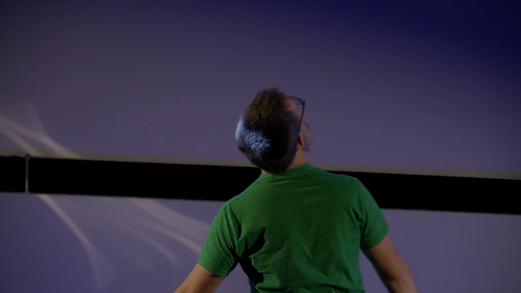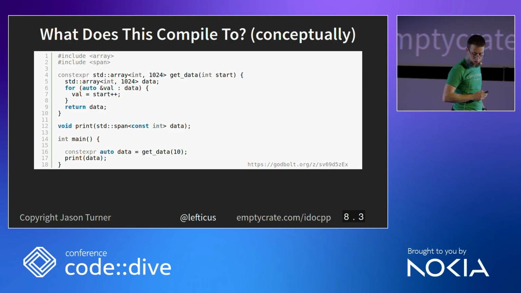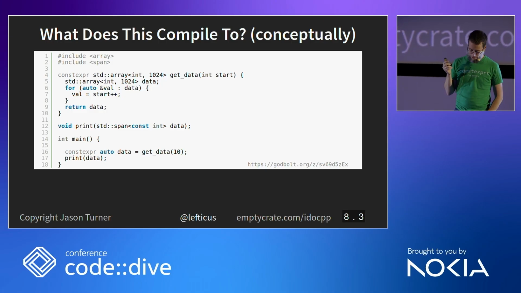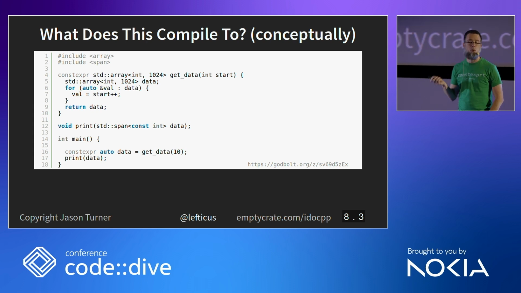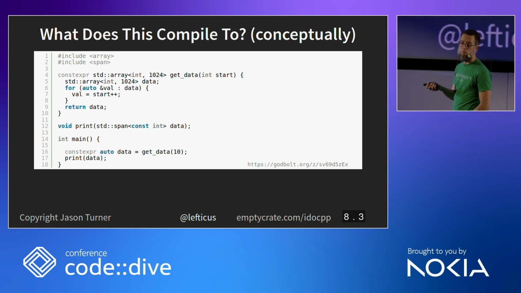I have not. At O0, I didn't specify that. OK. So I am creating a stack variable. I am asking the compiler to copy data onto the stack right here.